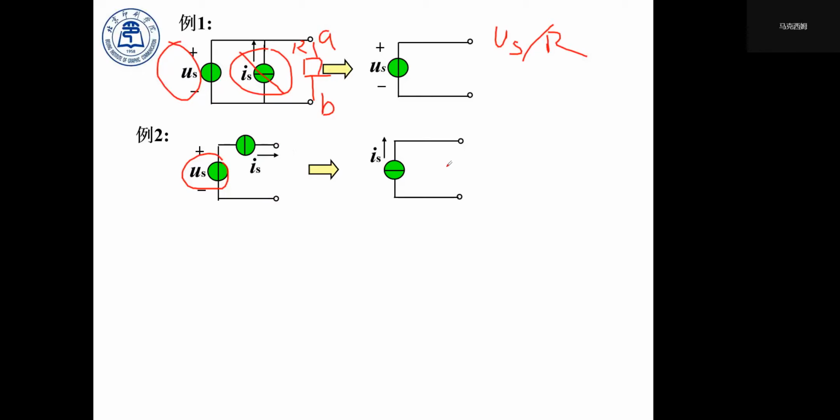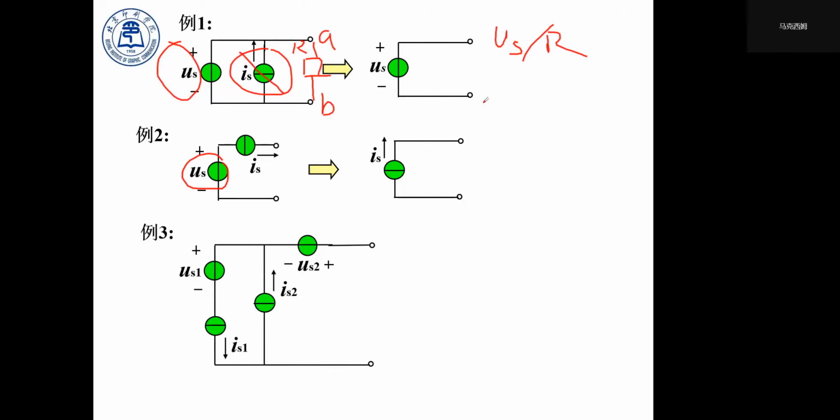Obviously, the first application is to reduce the redundant sources in the branches. That helped us a lot in the simplification of the circuit.